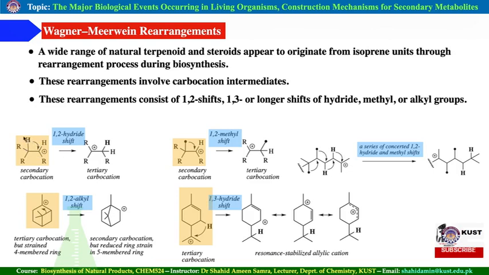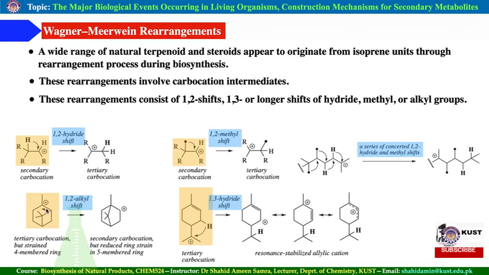So it's shifted here. As a result, this carbon becomes electron deficient, so it will now acquire a positive charge. Similarly, here this is a methyl group, CH3. If it's transferred from here along with both of the shared electrons towards this carbon, this carbon will ultimately get a positive charge. So one carbocation will be converted to another one.